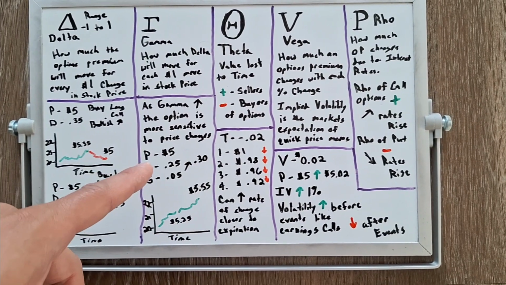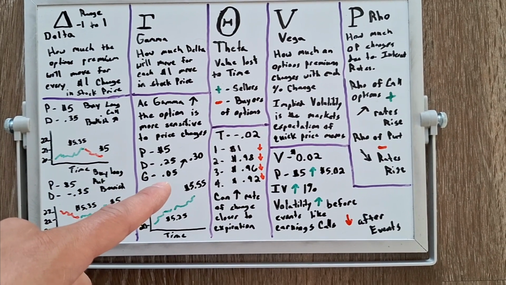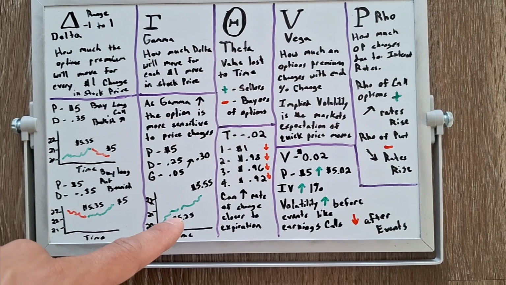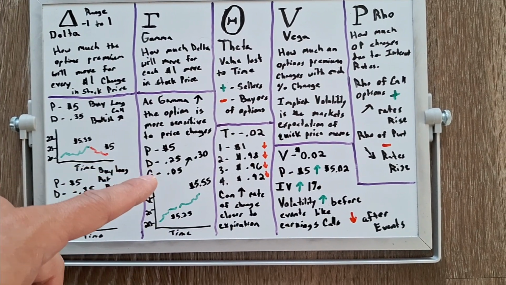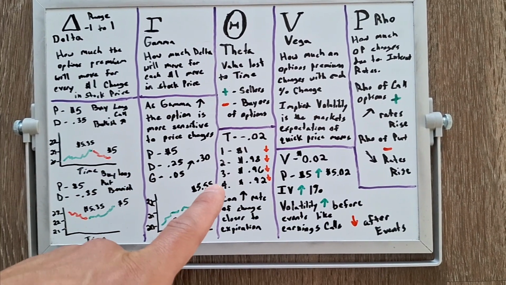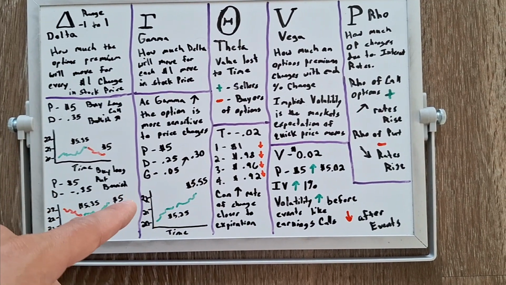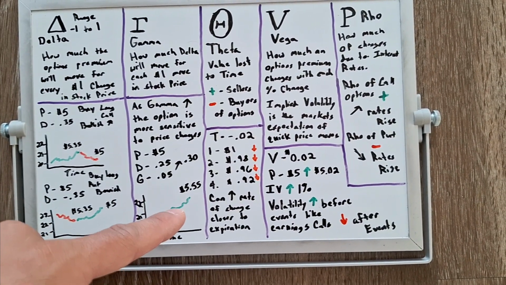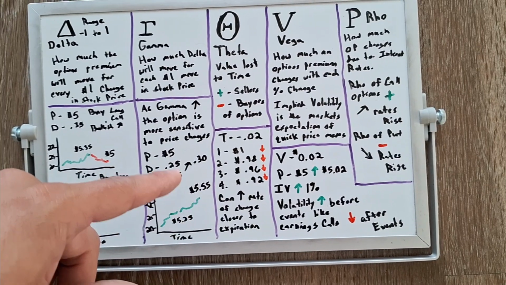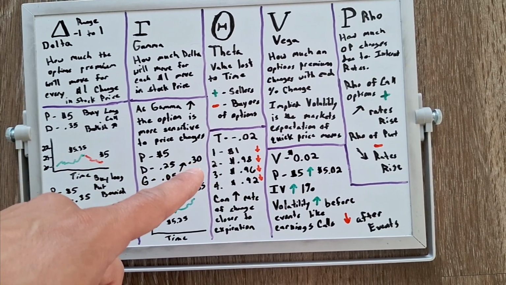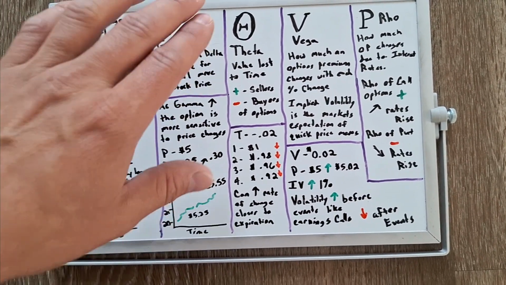Now on the second day, you add your delta and your gamma together, and that's going to give you $5.55 with another dollar increase in your stock. So if it goes from 20 to 21 and then 21 to 22, now you've increased by 0.30. So that's how gamma is determined.